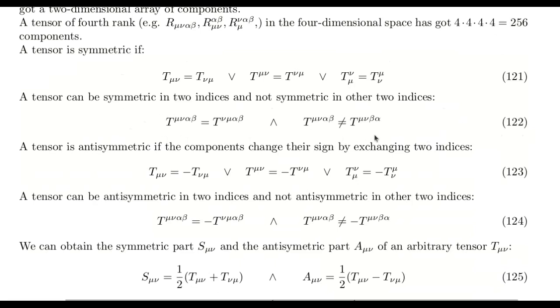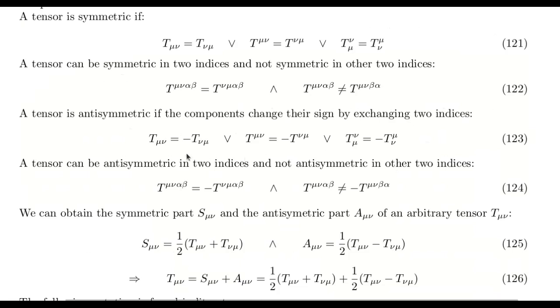So a tensor is antisymmetric if the components change their sign by exchanging two indices. That means if we have a tensor T mu nu and we exchange the indices, then we would write a minus here. And of course, that's the same again in the contravariant or in the mixed version. Okay.